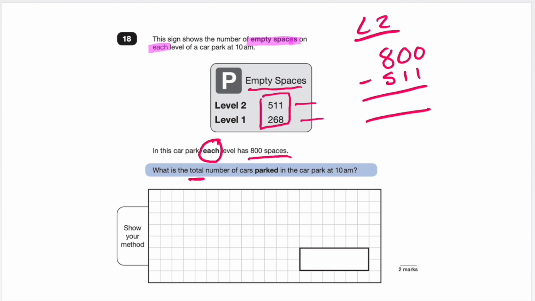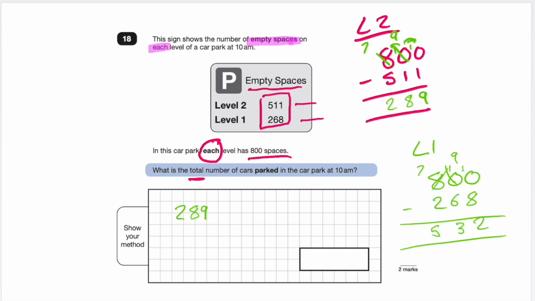Now I could try and do this in my head, again to try and save time, but if I want to use this column subtraction I can. So on level 2, we have 289 people parked. Okay, level 1. Level 1 again has 800 bays and there are 268 of them free. So there are 532 people parked on level 1.